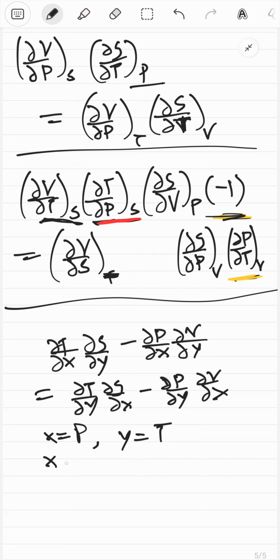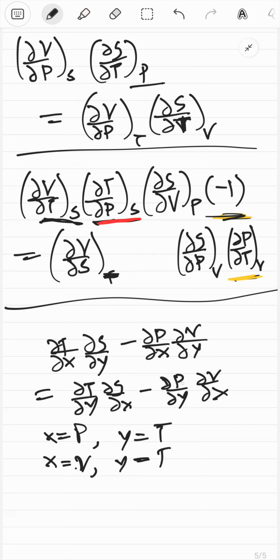Let's also go for, so P and V don't work, but maybe let's try Y equal to S. What about V and T? That probably would work. Yeah, let's try V and T. So X equal to V, Y equal to T. Right. So once again, this just dies. Then this thing is just, but this also dies.